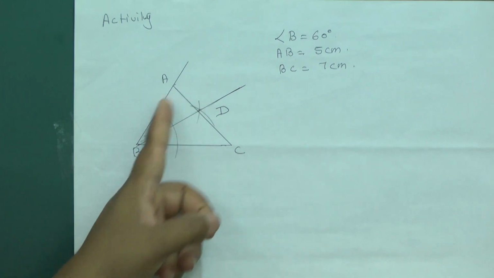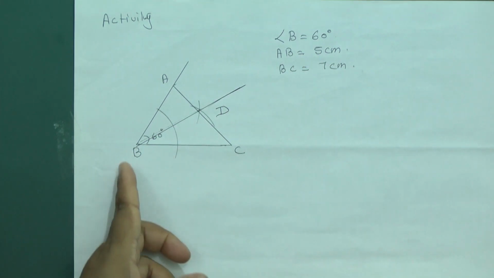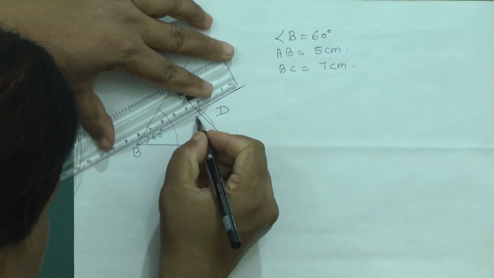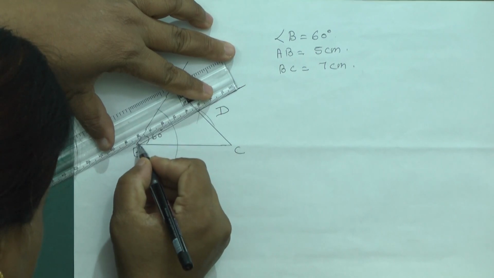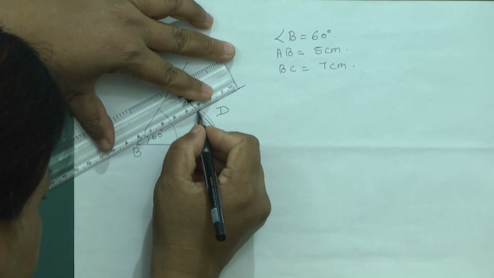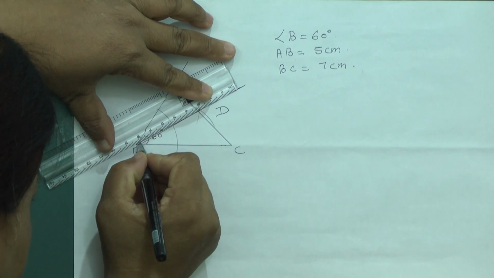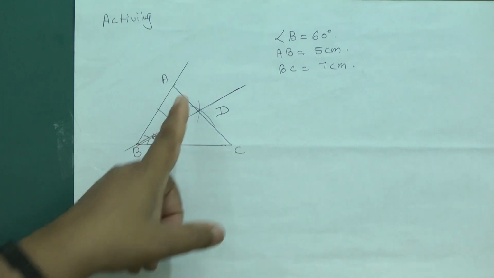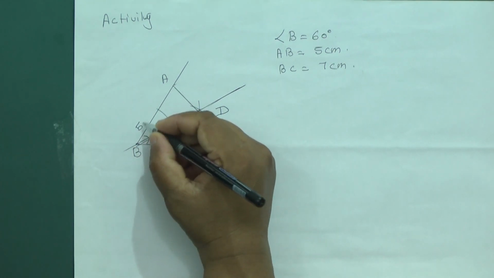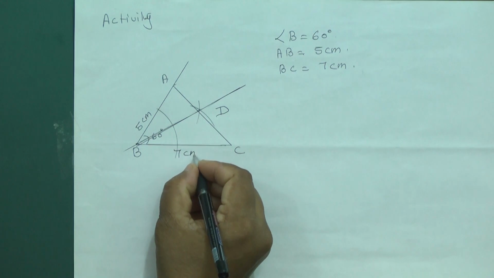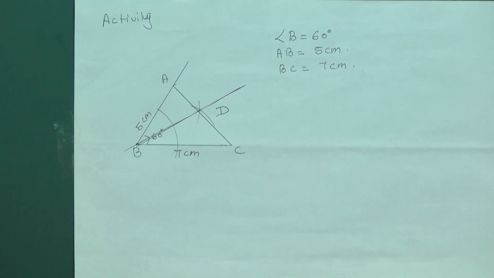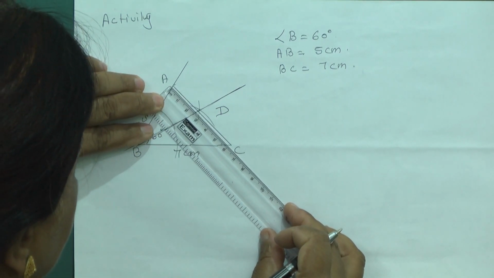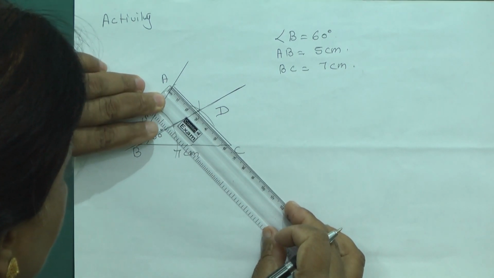Now as you know, AB is 5 centimeter and BC is 7 centimeter. Let me draw it properly, children. Yes, this is the line here, exactly, passing through the point B. Now we already know AB is 5 centimeter and BC is 7 centimeter. Let us measure AD. AD is 2.5, children.